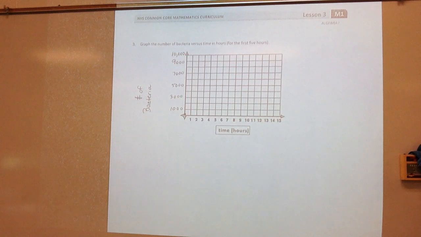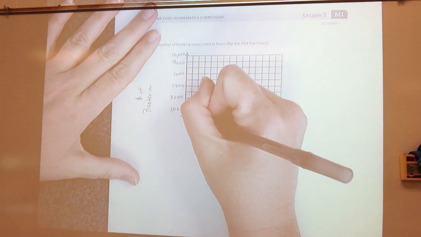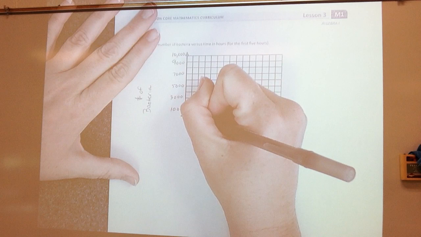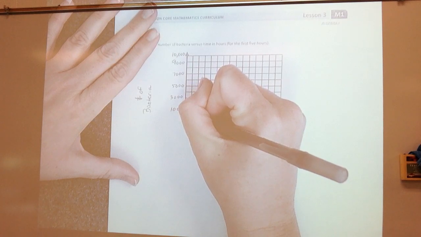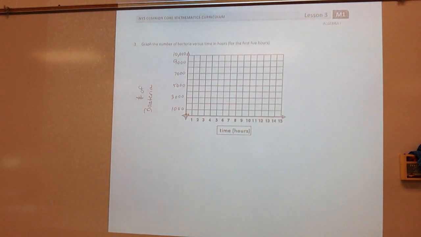So think about this. I can divide an hour into 3 20-minute segments. 20 minutes, 40 minutes, 60 minutes. So I kind of have to divide this hour into 3. So at 20 minutes, and my dots are going to kind of look like they're all going to be smushed together.